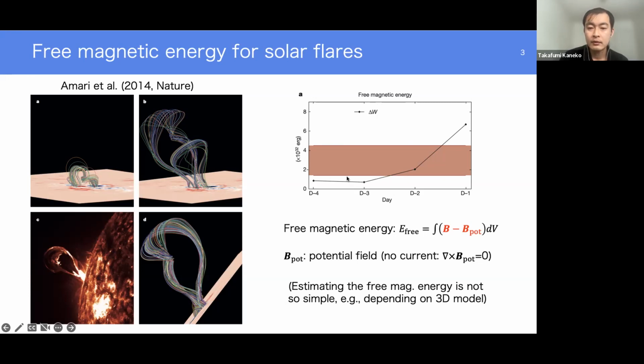So we can, for example, trace the temporal evolution of free magnetic energy. At least free magnetic energy is necessary to cause a large flare. And if there is no free magnetic energy, no large flare can be caused.